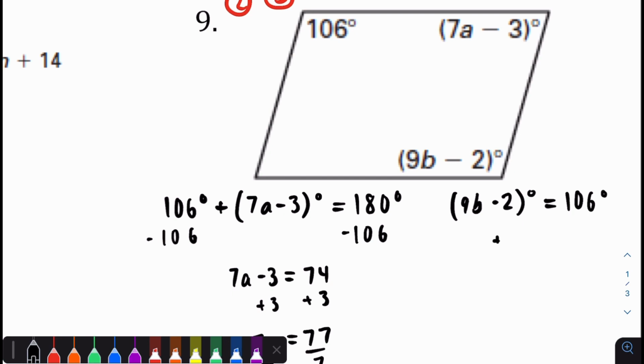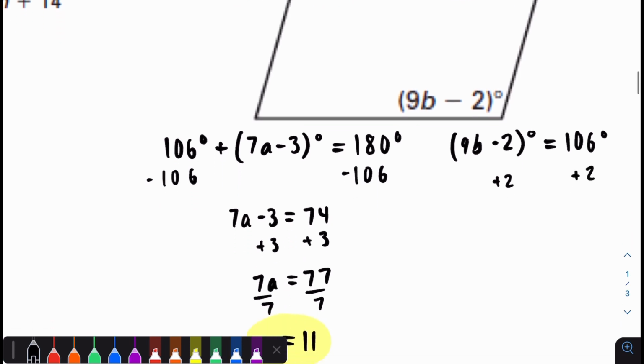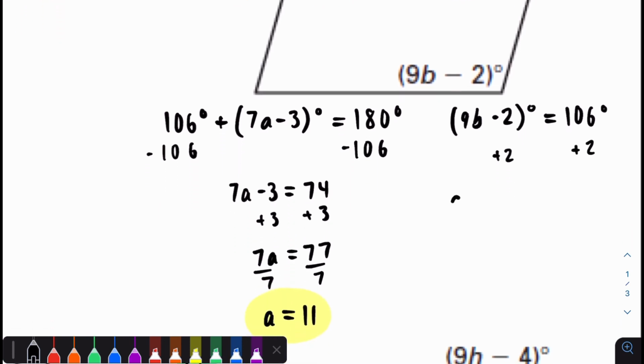So I'll add 2 to both sides. And then I'll divide both sides by 9. And I get b equals 12.